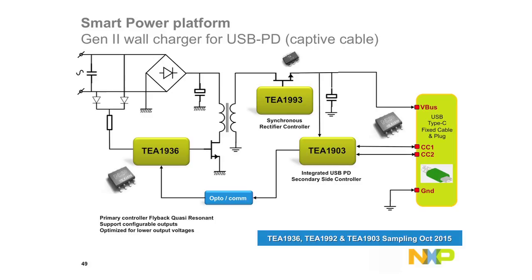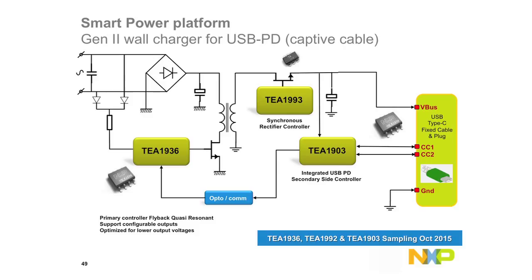So what we have done is we have integrated a lot of these things. And NXP already has a big portfolio of the primary front end, like synchronous rectifier and the primary controller. As I was showing in this block diagram, this is our integrated solution for making an AC-DC PD-capable charger. The 1936 and 1993 are the primary controller and the synchronous rectifier.